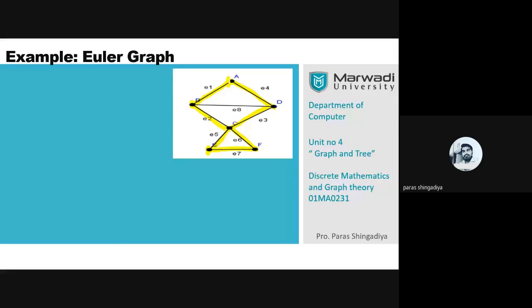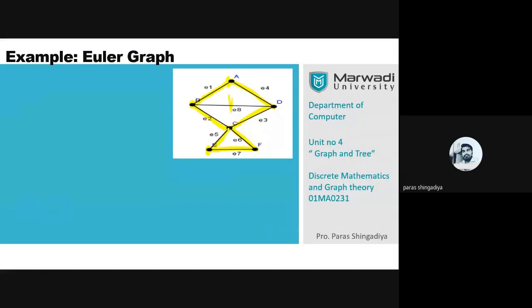Why is it not an Euler line? What is the reason for that? Because this edge is missing. This edge is not included in the Euler line, and therefore this graph is not an Euler graph. It is not necessary that you always start your journey with A. You can consider any vertex.